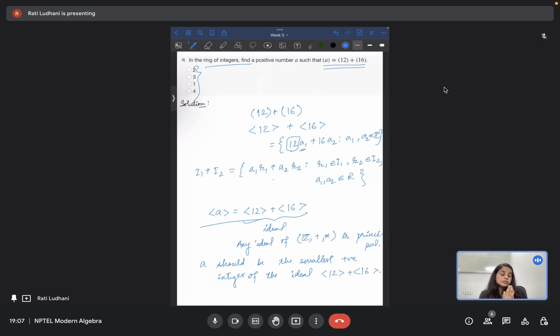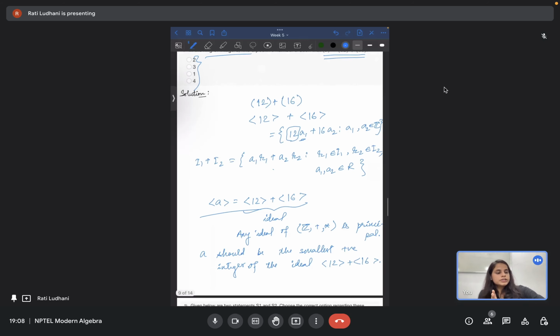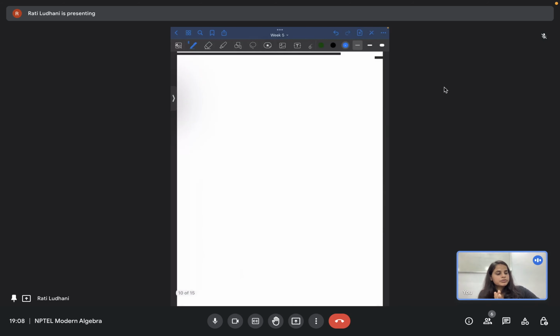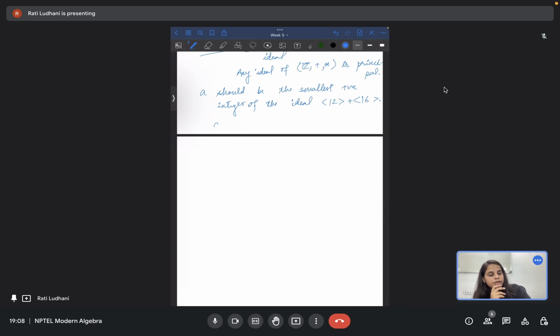Actually, if you see what that smallest element is, from the process itself, A should be the GCD. So A should be the smallest positive integer of the ideal.